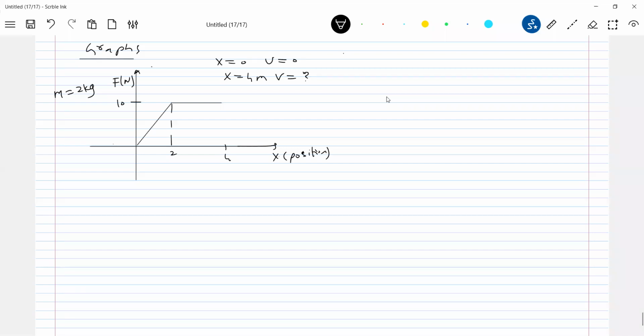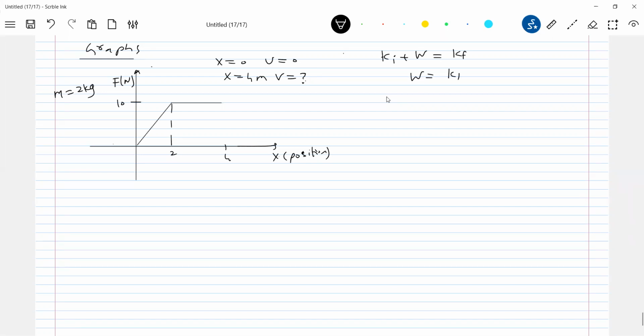You have many other methods. You can go back to kinematics. From kinematics, what is acceleration? You can convert this into an a-x graph, and if you know the a-x graph, you know how to calculate speed. Are you getting the idea? Here the same thing, according to the work-energy theorem, initial kinetic energy plus work done equals final kinetic energy.